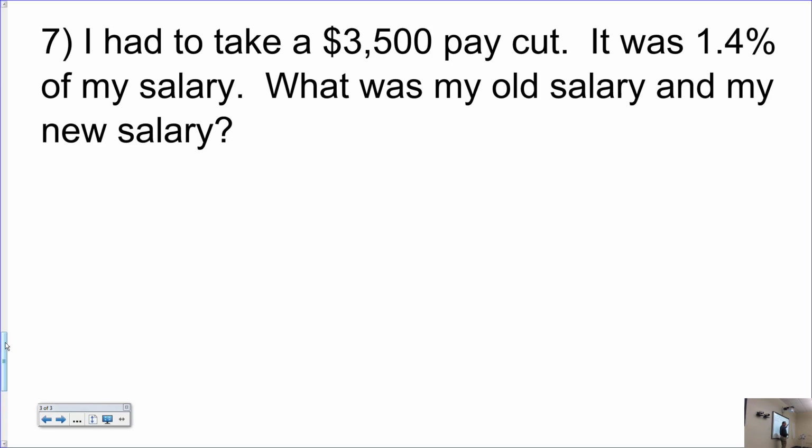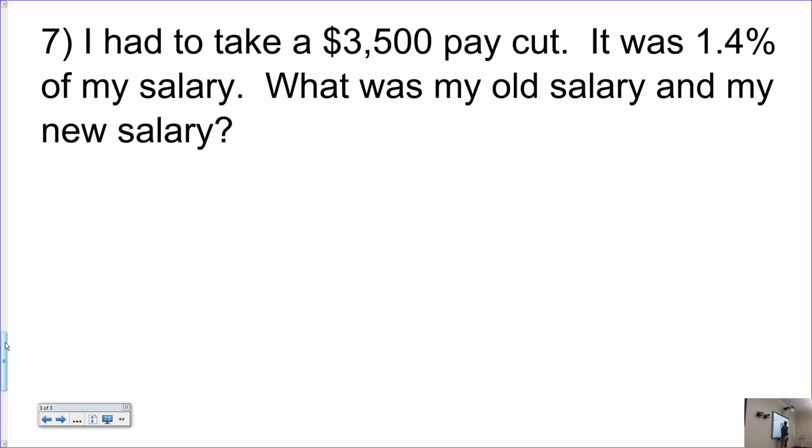No, right? All it told me was the dollar amount of my pay cut. What does the next sentence say? It was 1.4% of my salary. It didn't say it was 1.4% less, 1.4% more.